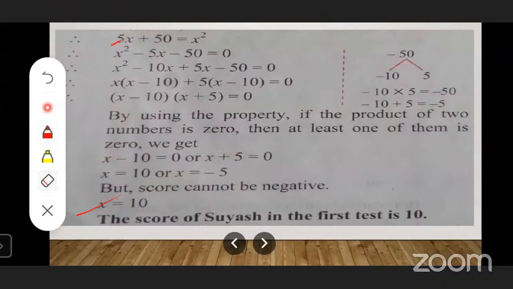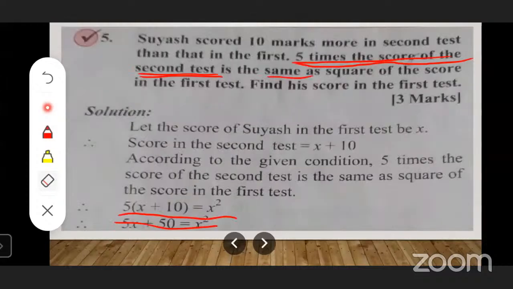In such sums, you need to read them very carefully. Everything is given in the sum itself. First of all, consider some variable, then read carefully the exact condition given, and according to that condition or statement, you have to form the equation in the simpler form, that is ax square plus bx plus c is equal to 0.